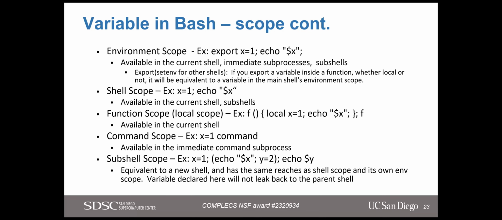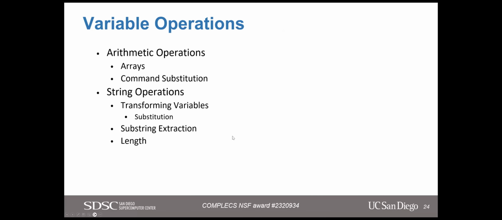If you just want to do one-line stuff, you can define a variable and then the command afterwards, and it's going to be available to the command itself and any immediate subcommand or subprocess. And then finally, the subshell scope. If I'm in a shell, I open another shell and I define a variable, then for any shells below that, it will be available, but it's not going to leak back up to the top shell where I started beforehand.